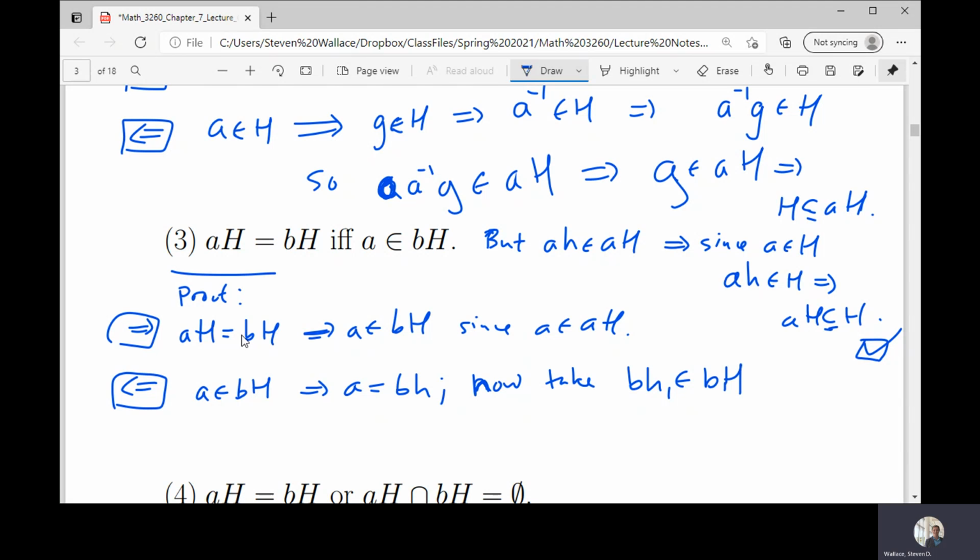Well, A is equal to BH, and H1 inverse H is in H. So that means that BH1 H1 inverse H is in BH.